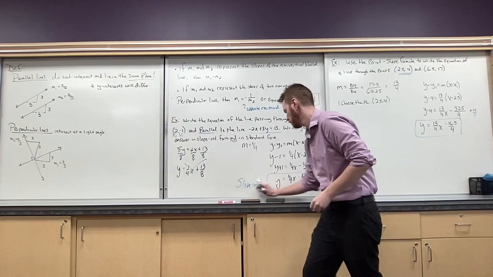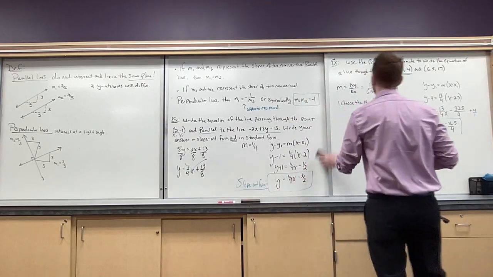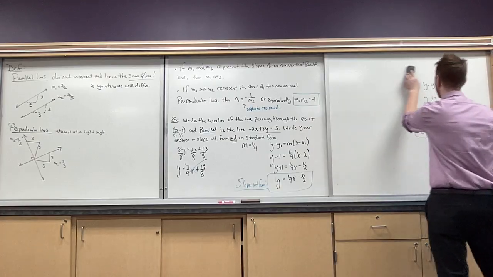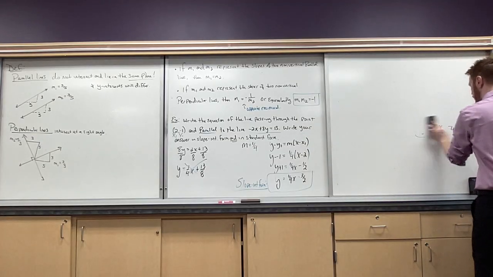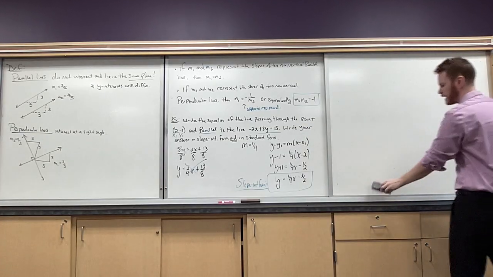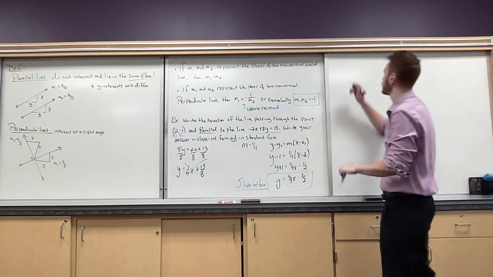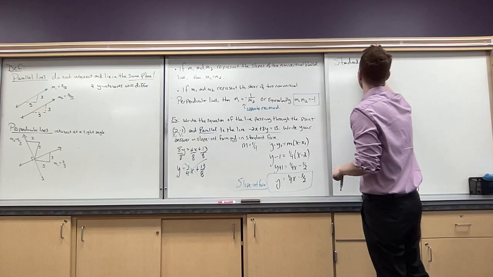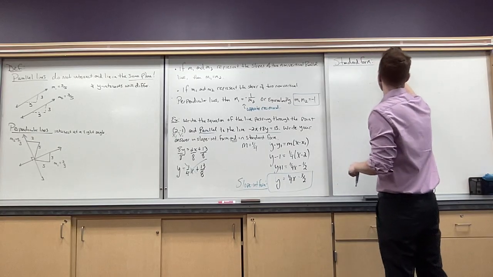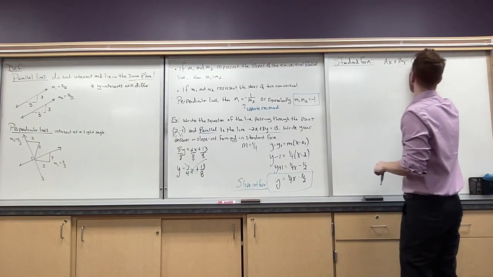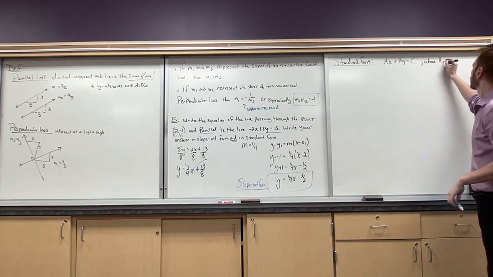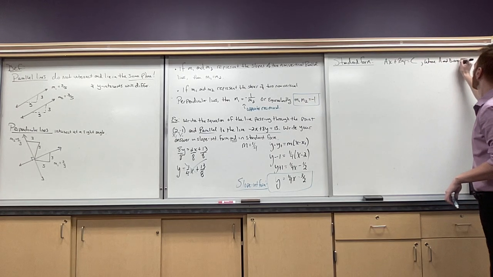The problem is greedy. The problem wants more. It wants standard form as well. We did standard form in another lesson, so let's just recap. Standard form is ax plus by equals c, where a and b are not both 0.